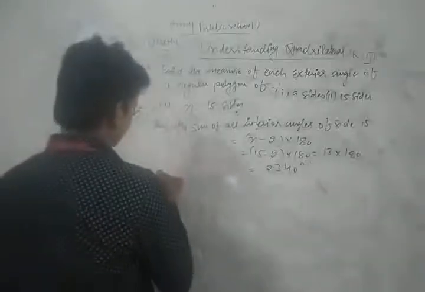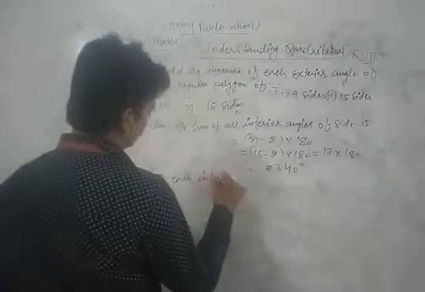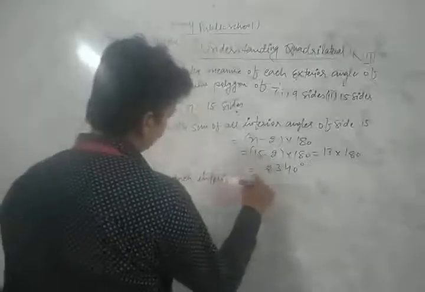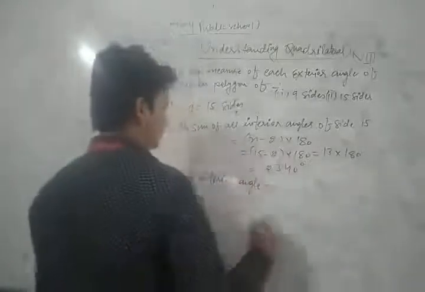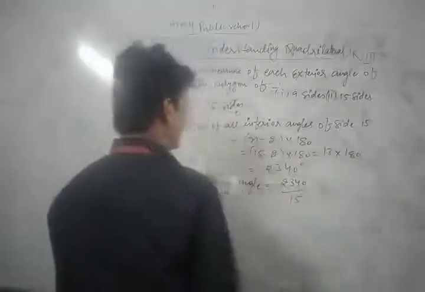Thus each interior angle is what? We just divide that angle by 15, the number of sides.